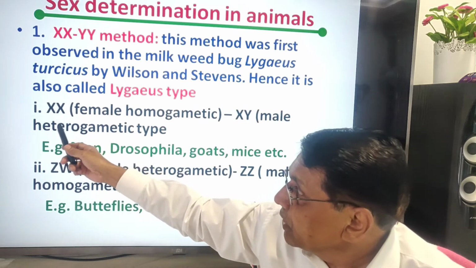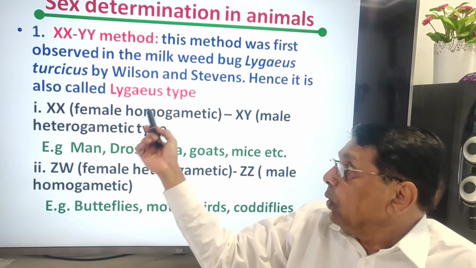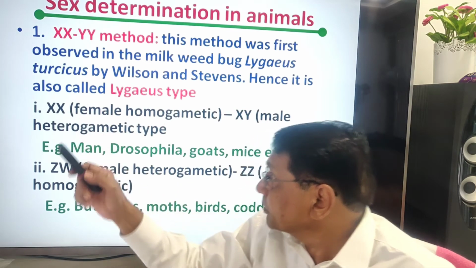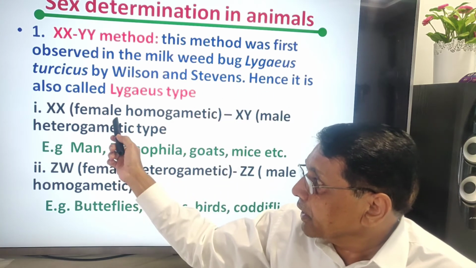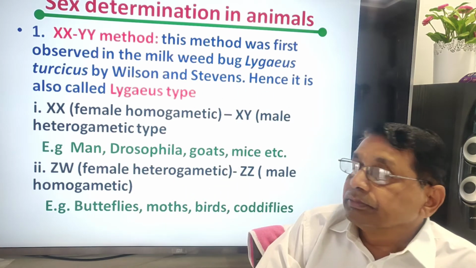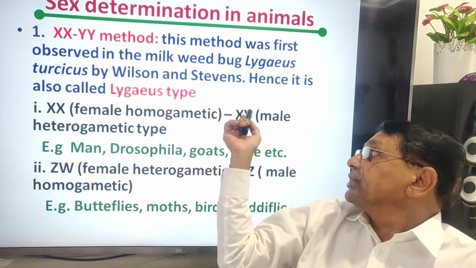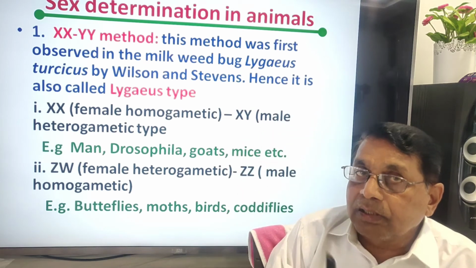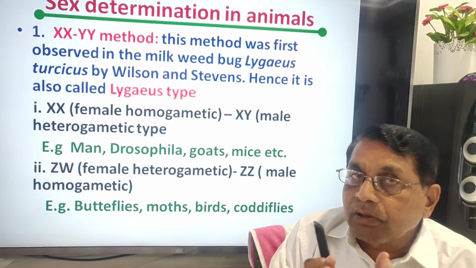Look at this. XX female is homogametic, both are similar. XY male is heterogametic, because X is different from Y. Morphologically, in length or centromere position or the number of genes they bear, they are different.